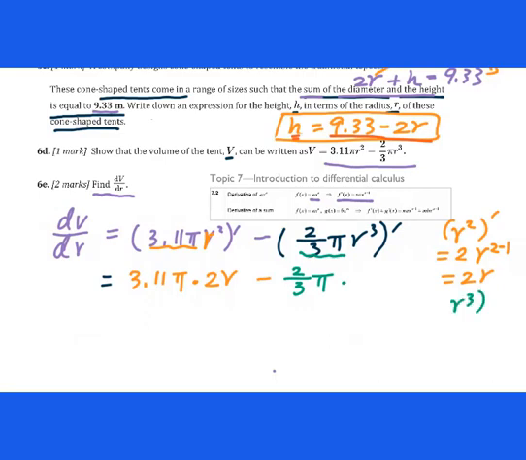R to the third power, drop down the 3, that's 3 minus 1, that's 3r squared. Therefore, you will get 6.22 pi r minus, reduce this, 2 pi r squared.